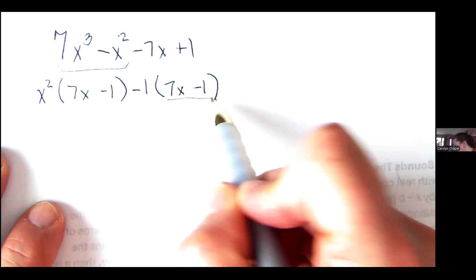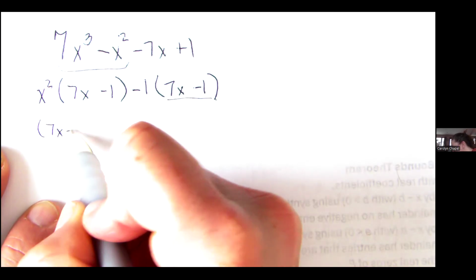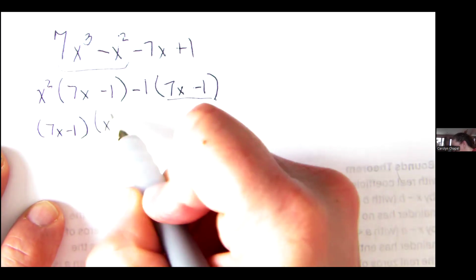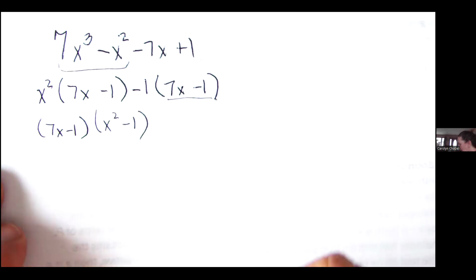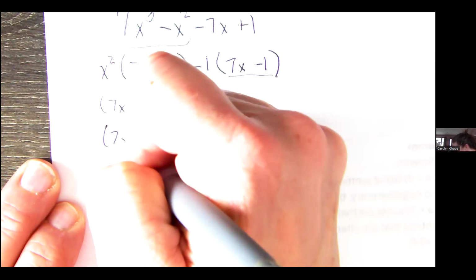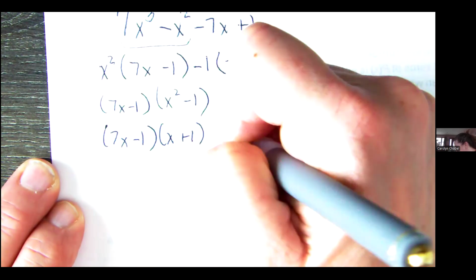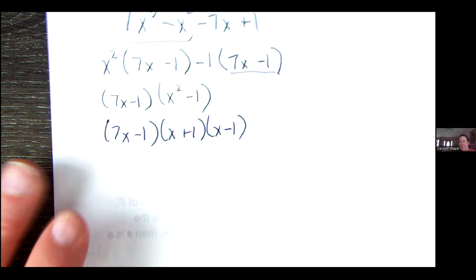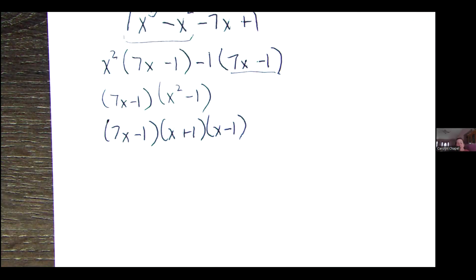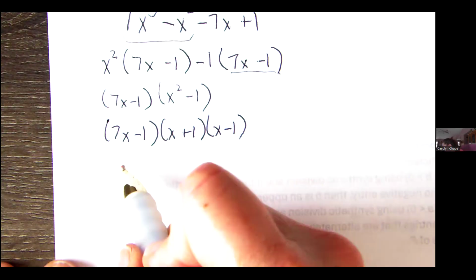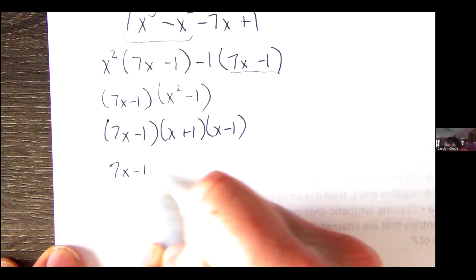I can pull out my 7x minus 1, and I'm left with x squared minus 1, which I can then factor down further to x plus 1 and x minus 1. And there we would have had it already in factored form, and we could have set each factor equal to 0.